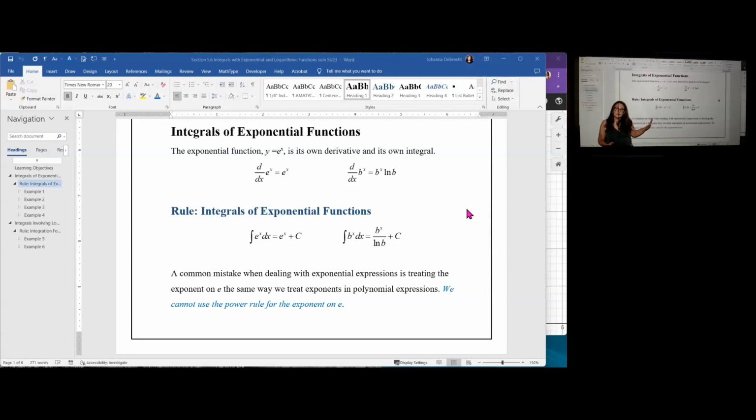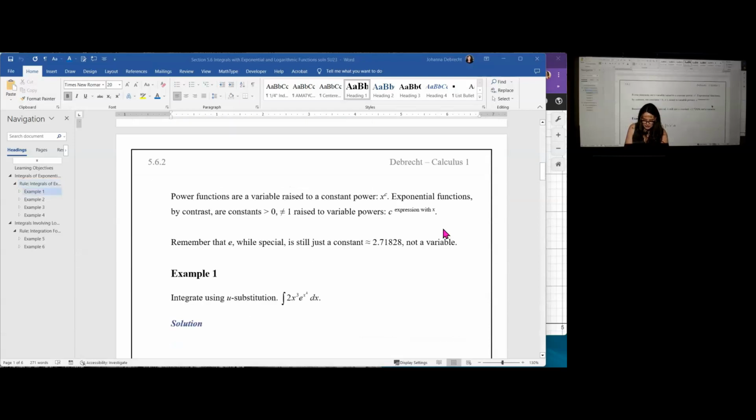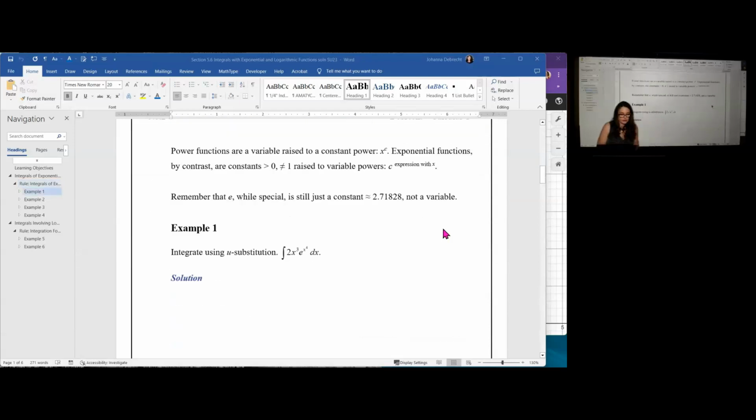Do not make the mistake when dealing with exponential functions of treating them like polynomial expressions. You cannot apply the power rule to an exponential function. Remember that when you have a power function, you have a variable raised to a constant power, and then you can apply the power rule.